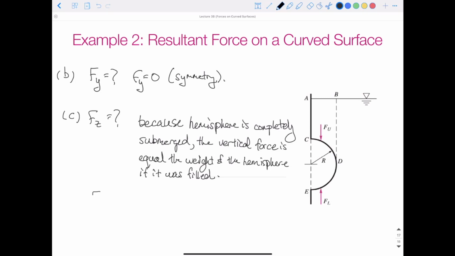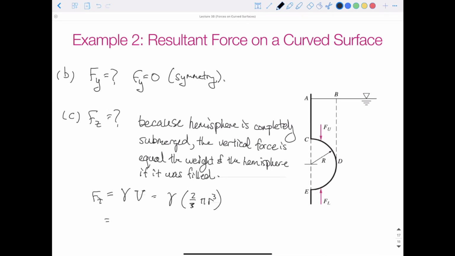So we can say that the Z force is equal to the specific weight of water times the volume of the hemisphere. If it was filled with water, that's what it would weigh. So this is equal to half of a sphere. The volume of a hemisphere is 2/3 times pi times r cubed.